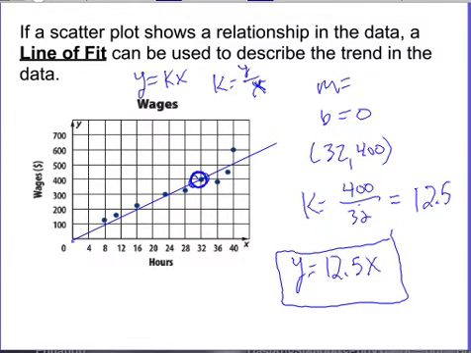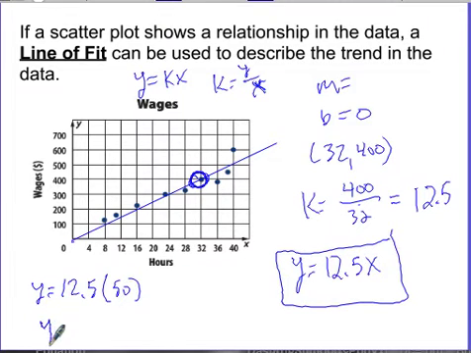And so in general terms, for this graph, if I wanted to figure out what somebody might make if they worked 50 hours, I would just put y equals 12.5 times 50. 625.